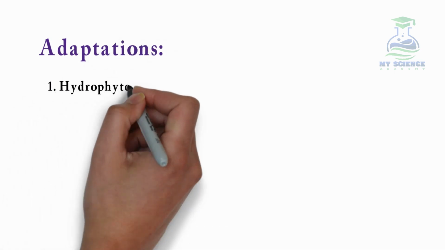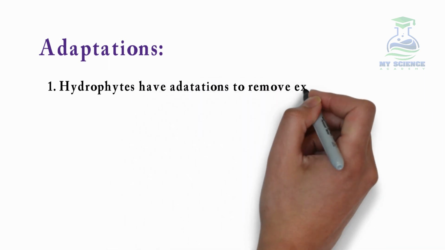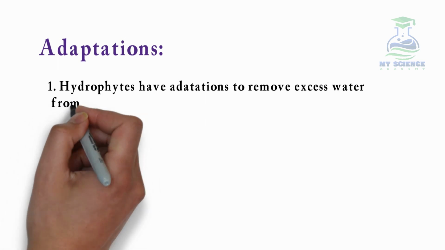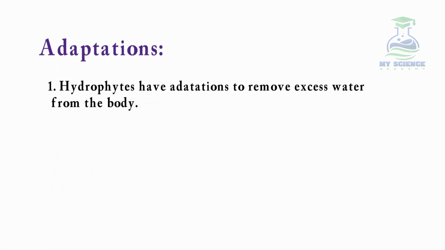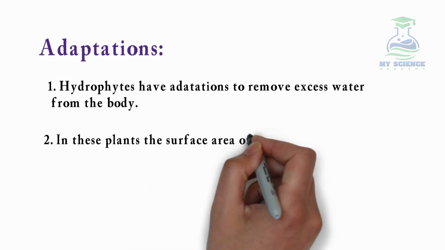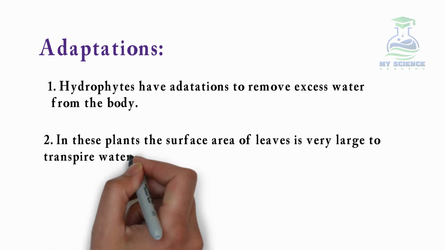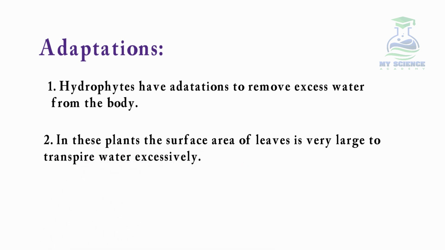Number 1, hydrophytes have adapted to remove excess water from the body. Number 2, in these plants, the surface area of leaves is very large to transpire water excessively.